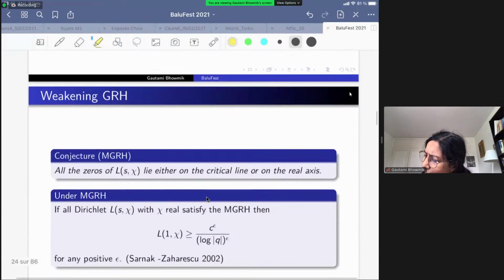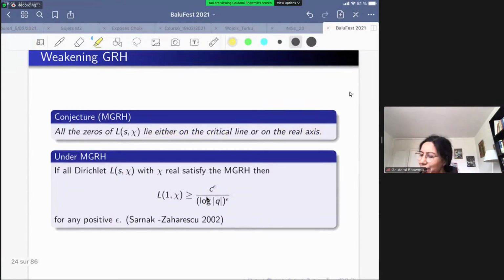And they show that if we assume that all Dirichlet L(s, χ) satisfy the modified GRH, then L(1, χ) is bounded, for any positive epsilon, by C to the power epsilon times log of the absolute value of epsilon to the power epsilon.